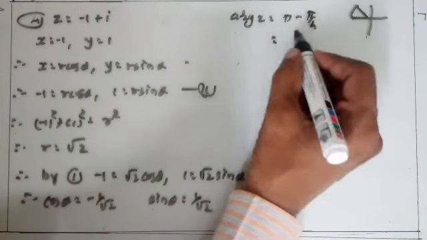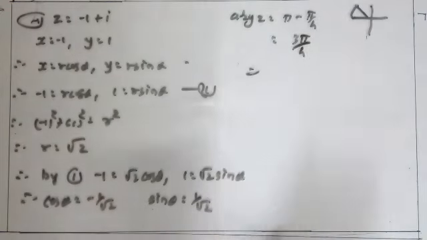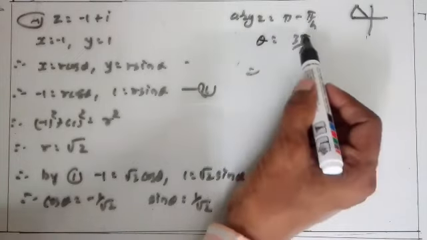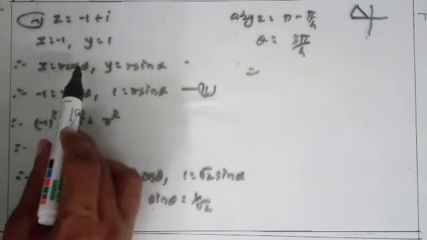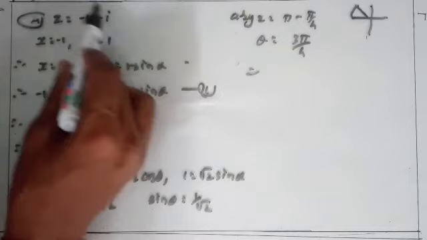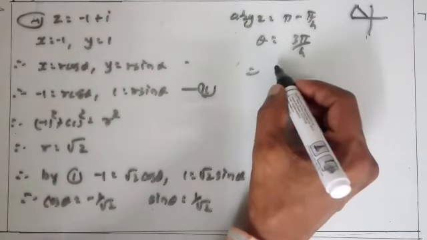Clear this? So it becomes 3 pi by 4. So replace theta is equal to 3 pi by 4 in this. x is equal to r cos theta, y is equal to r sin theta, and x and y replaced in this, we get the polar form of a complex number.